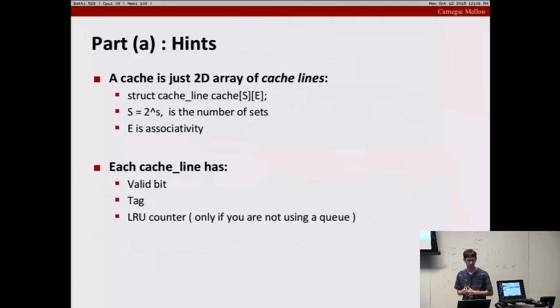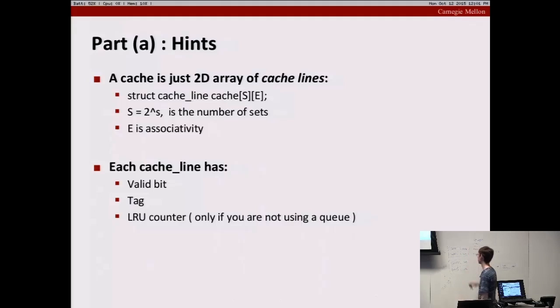So a cache is an array of lines. Essentially, you have the set, and then in each set you have some number of lines. In terms of actually implementing it, you want to have a 2D array indexed by the set and by the line, and then you can iterate over all the lines in a set.